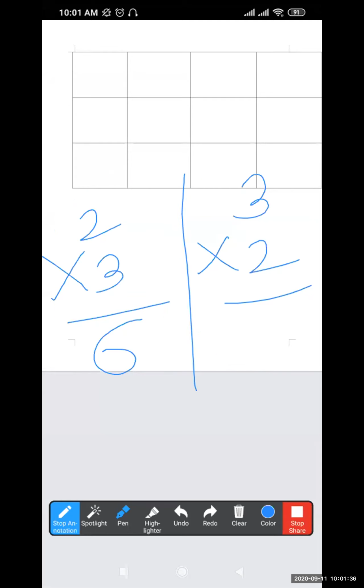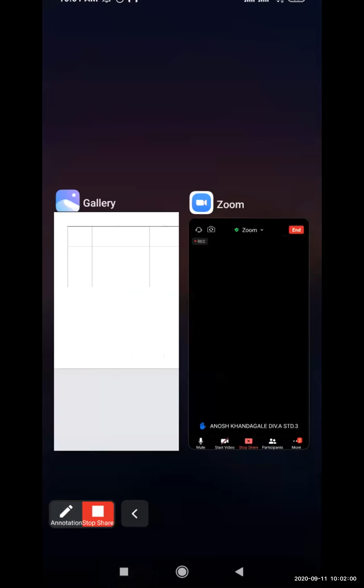2 into 3 we got answer 6. Now I have changed the places of the multiplicand and multiplier. Let's see, children. 3 into 2. What answer we get? We have to say table of 2 till 3. That means 2 ones are 2, 2 twos are 4, and 2 threes are 6. See, children.